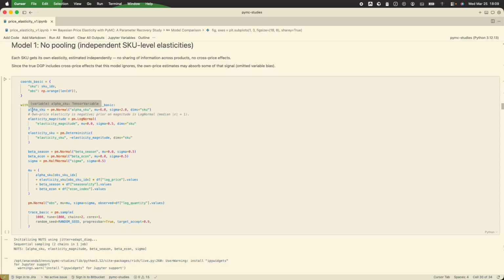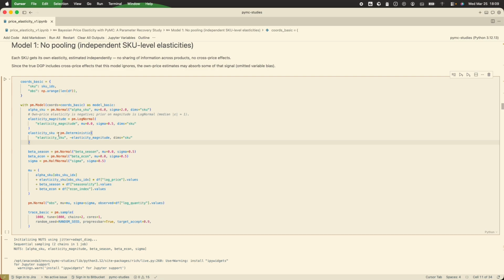We have an alpha, which is essentially our intercept or a fixed term. We have to split elasticity into these two components just so that we get the right names at the end.